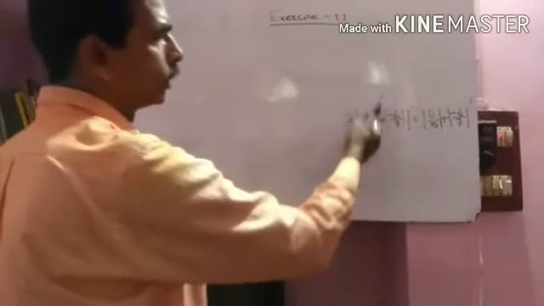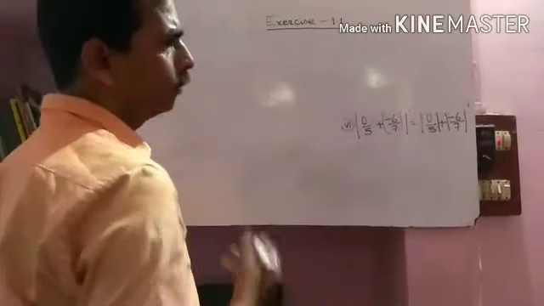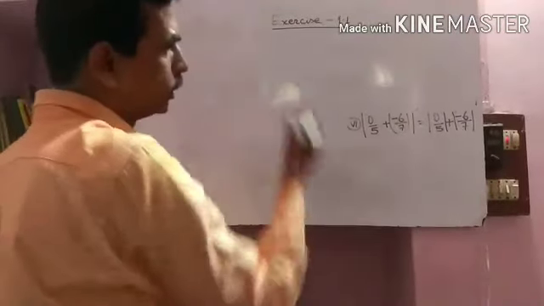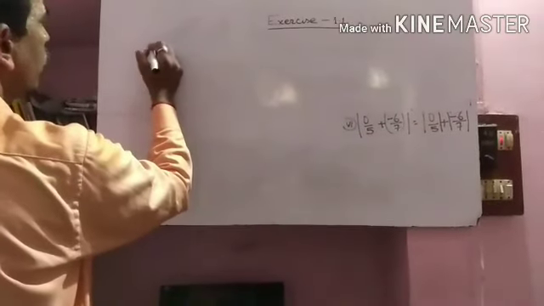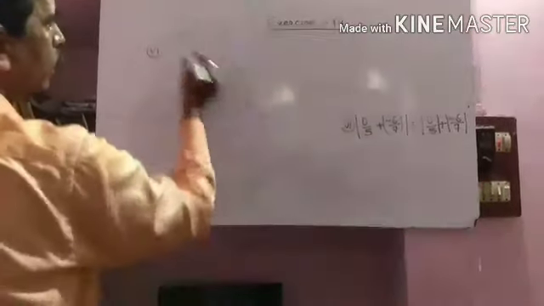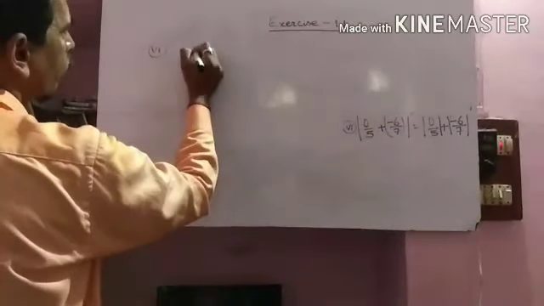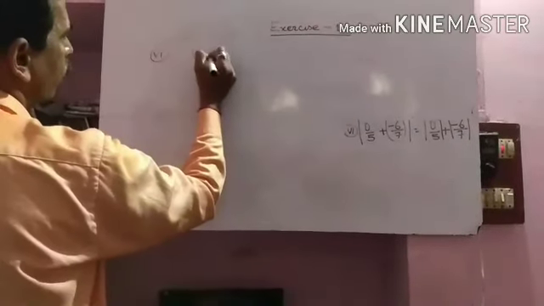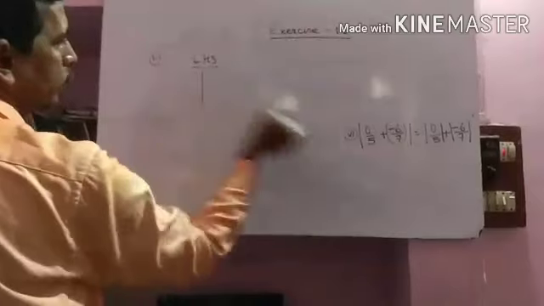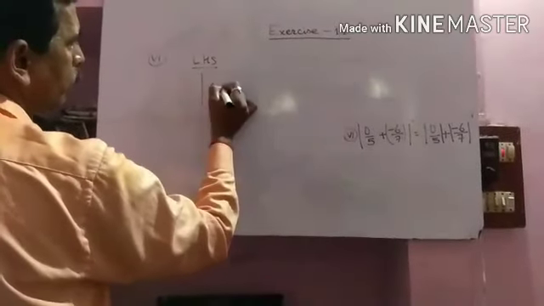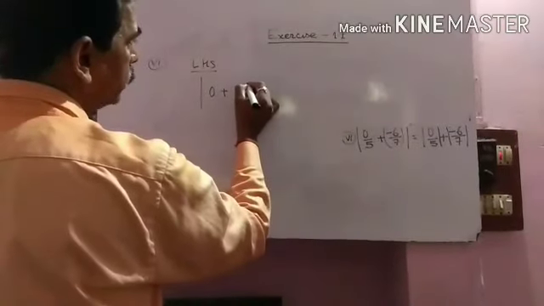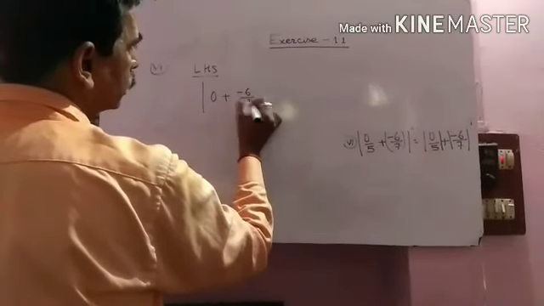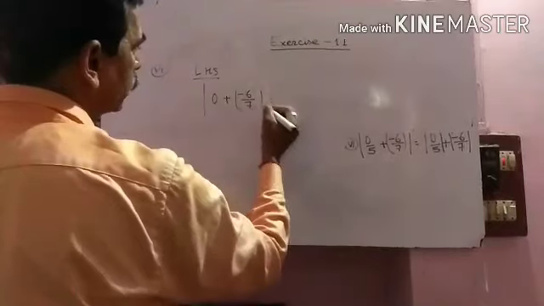Question number 6. Look here. 0 by 5, we have seen that one. Question number 6, 0 by 5. LHS: 0 by 5 becomes 0 plus minus 6 by 7, like this.